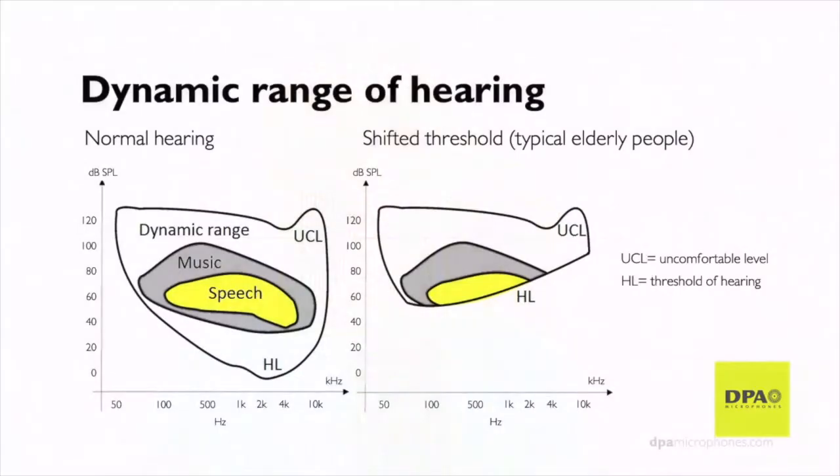If you then add the hearing disabilities on top of that, if you see the hearing of a normal person on the left, you see the threshold of hearing is right here, around 3 to 4K, it's much higher, meaning that we have a much higher sensitivity of our hearing in this particular area.